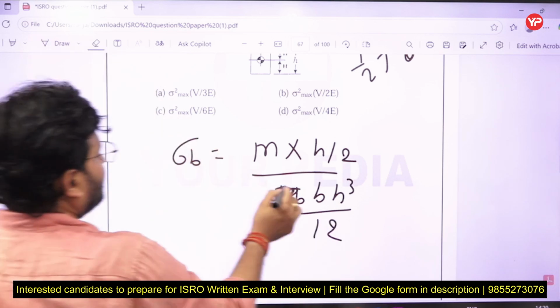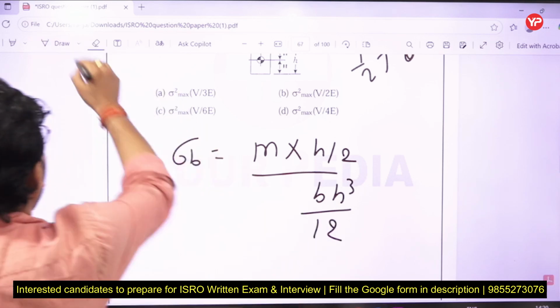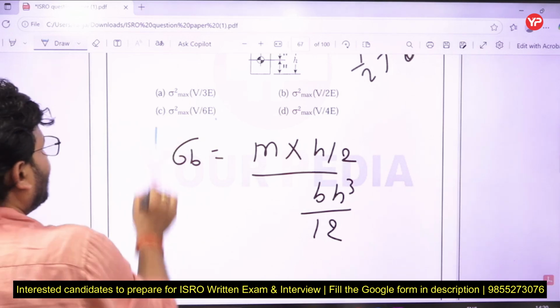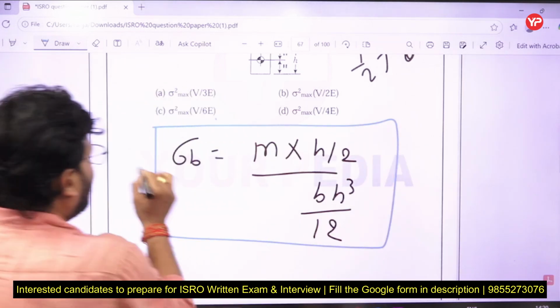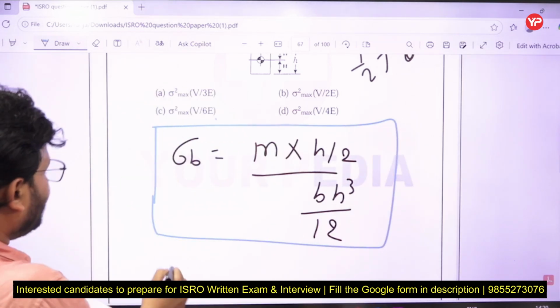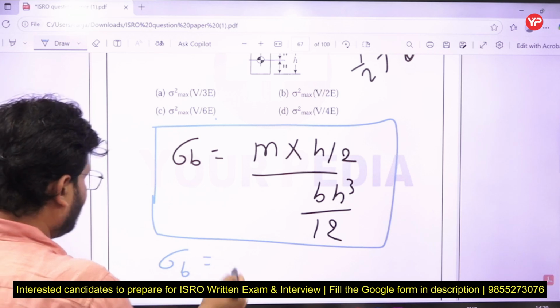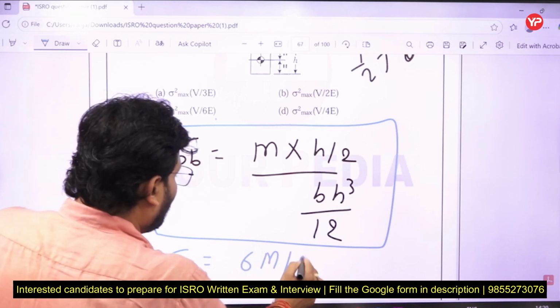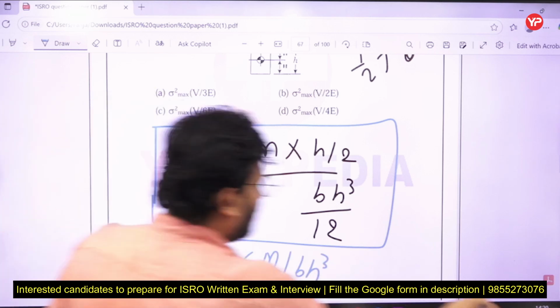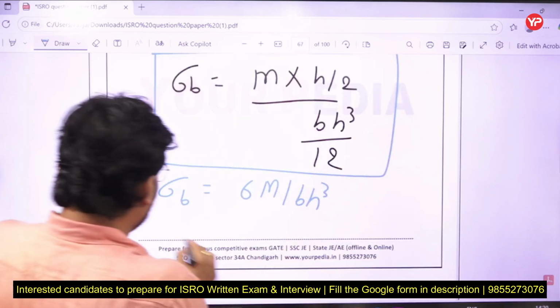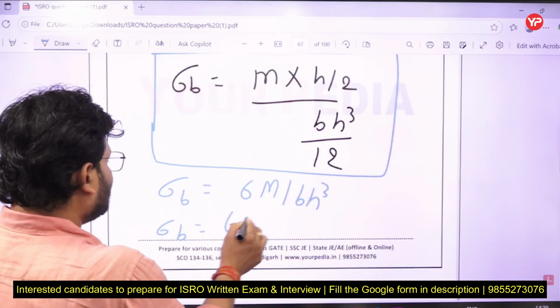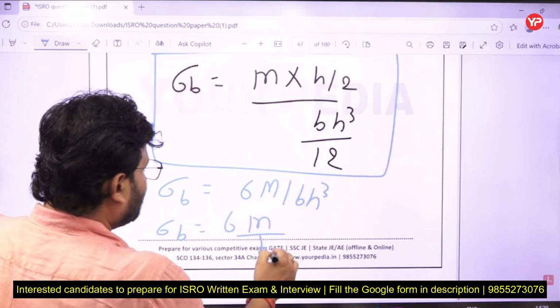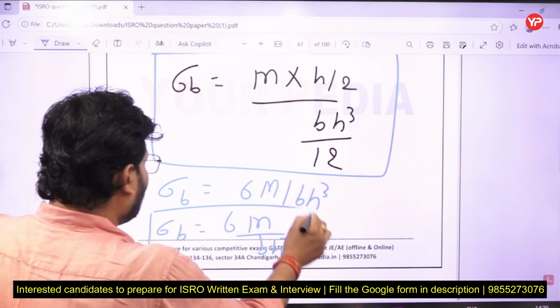This will be the maximum bending stress developed because of M. Now solving that, sigma B comes out to be 6M upon b h square. This is the maximum bending stress.